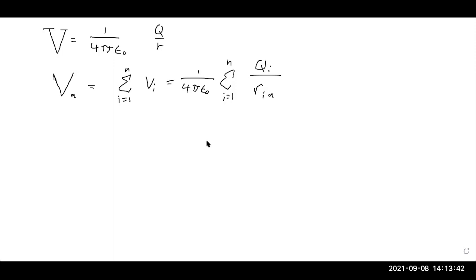If we don't have a countable amount of charges, but we're just thinking of it as a fluid-like distribution of charge, a line distribution, an area distribution, or charge distributed throughout a volume, our potential, instead of being a sum over charges, would be an integral over charges.